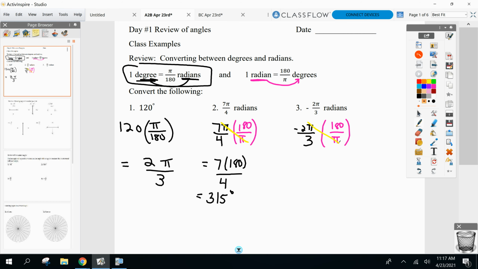The pi's cancel. Negative 2 times 180 over 3 is negative 120.